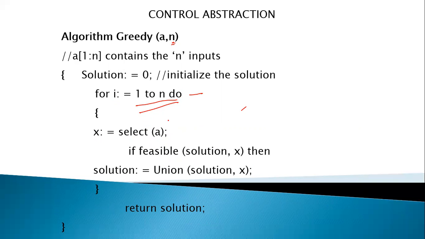After checking all the n inputs, the solution will have a subset which satisfies the constraints defined on the problem. Then only the solution is returned. Among all these solutions, based upon the objective function, one solution will be returned as the answer.